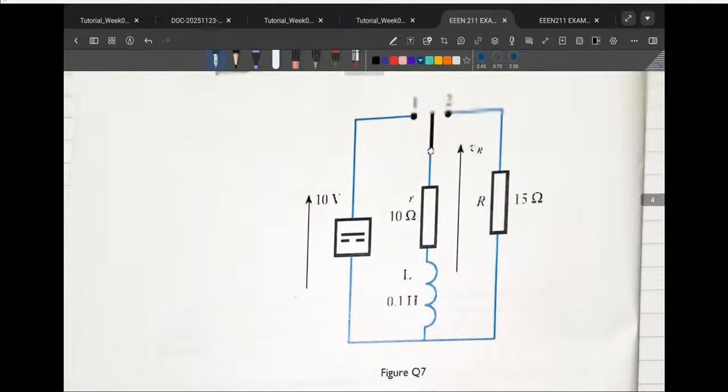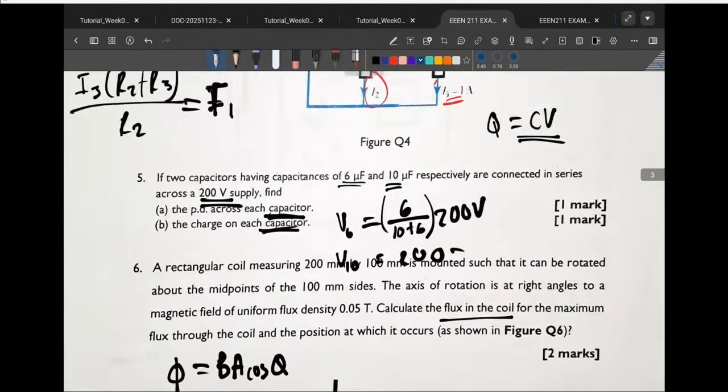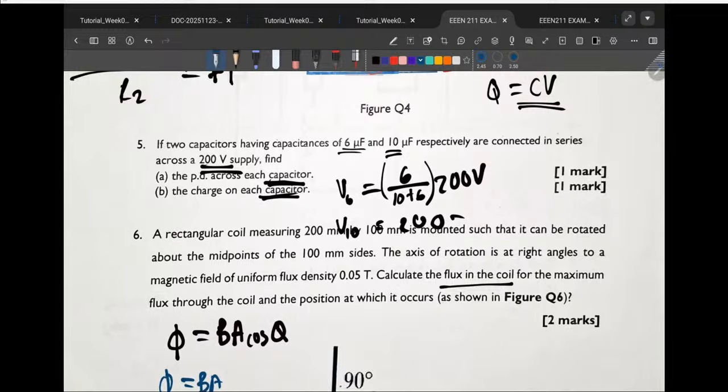In this question, a rectangular coil is mounted so that it can be rotated about the midpoints of the sides. Is it at right angle to whatever? This is going to be my B. And then now I need A, which is going to be the area.